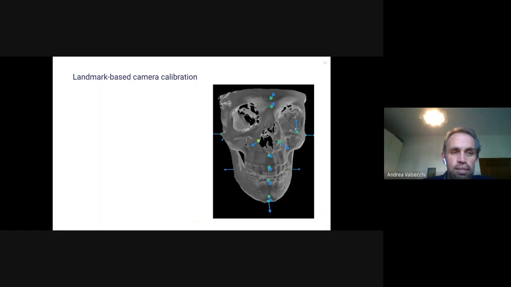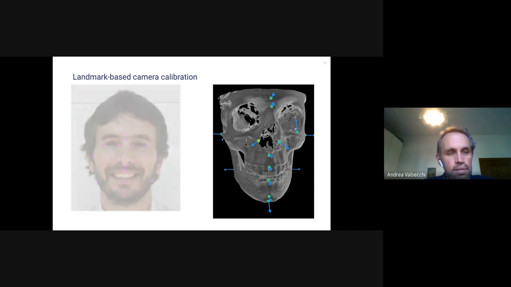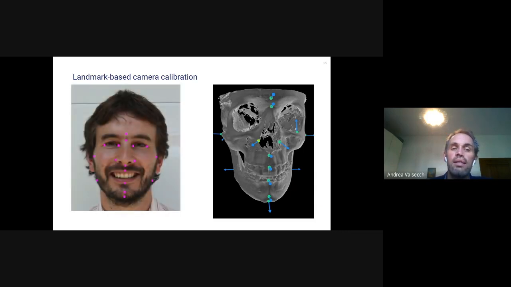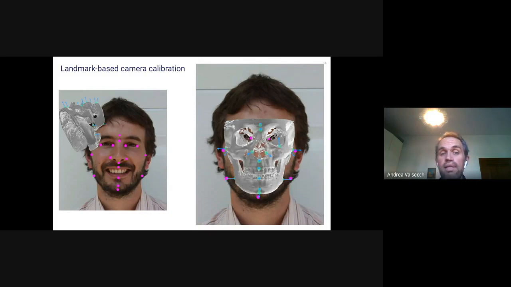In practice, we mark landmarks on the face, and landmarks and soft tissue vectors on the skull. We apply our system, estimate the landmarks, and again we get automatic superimposition. That's great, because performing a superimposition of a skull and a face is a little more difficult than of two faces, so it's great that we found a way to do this automatically.